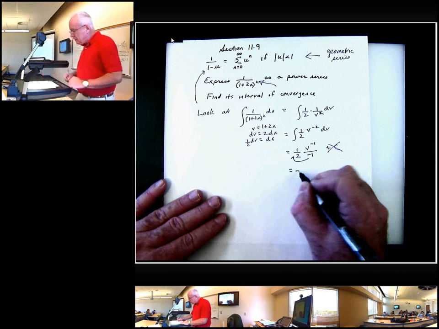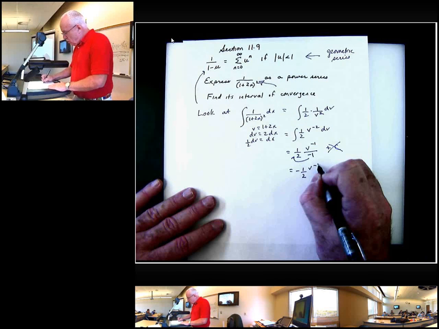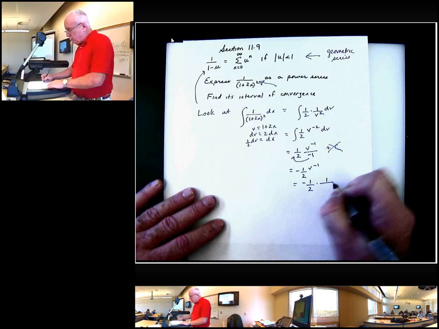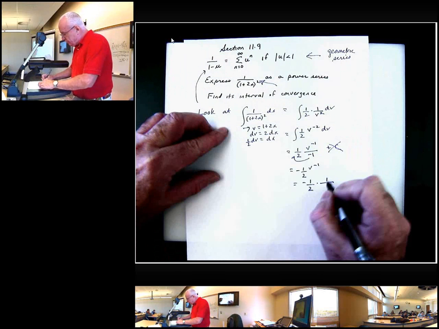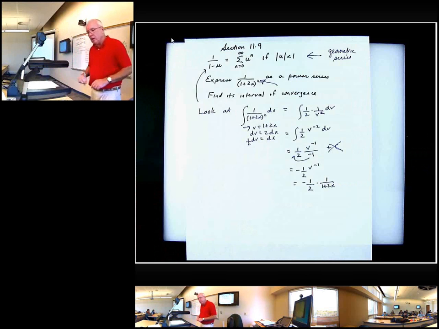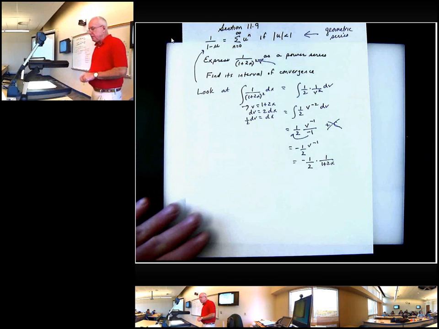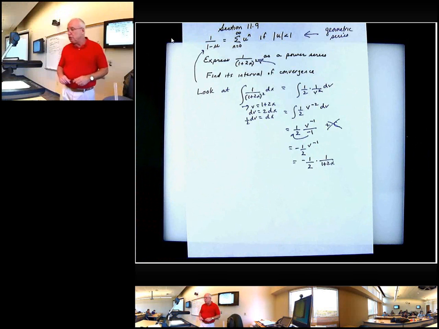So we have -1/2 times v to the -1, which is going to be -1/2 times 1 over, now v is equal to 1 plus 2x. So this is what we obtained then as our antiderivative, -1/2 times 1 over 1 plus 2x.